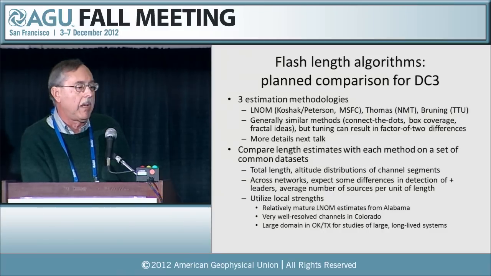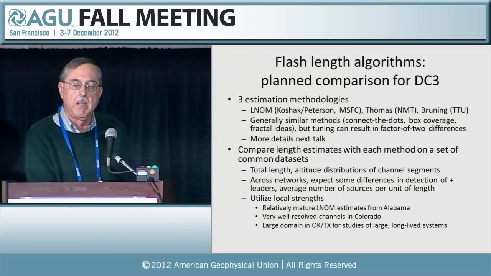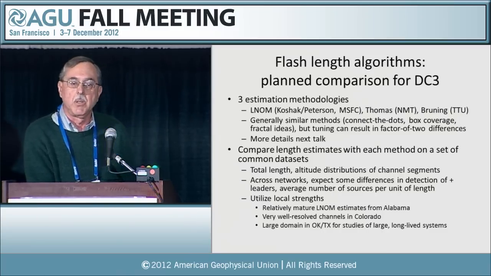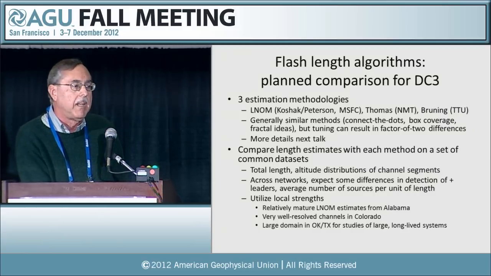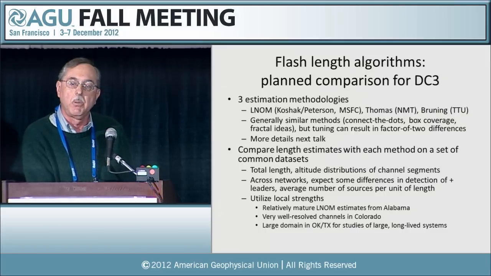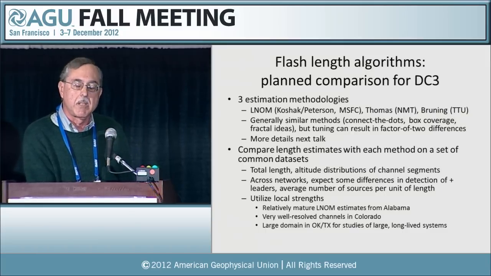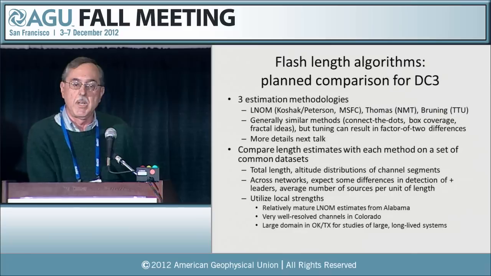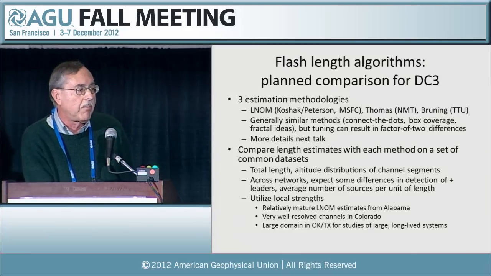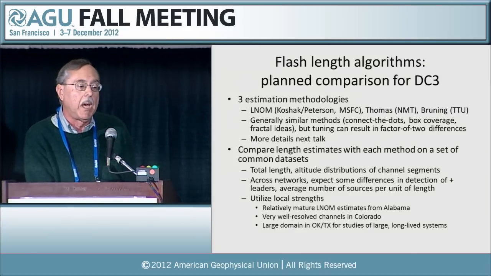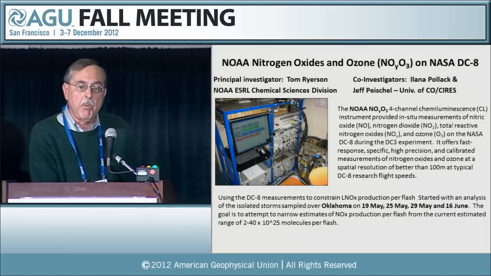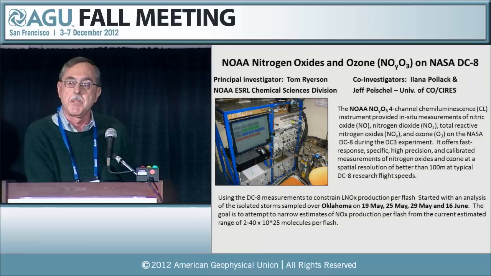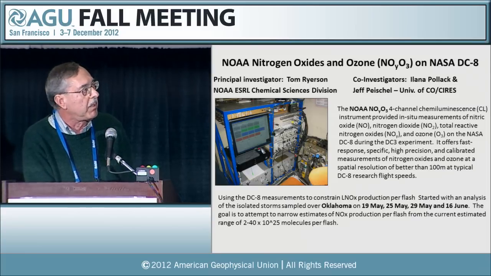And also, these LMA data will be very useful in comparison with the dual-polarimetric radars in terms of developing new and better relationships that can be used in predicting flash rates. So now let me move on to some of the aircraft measurements that were made during the experiment.